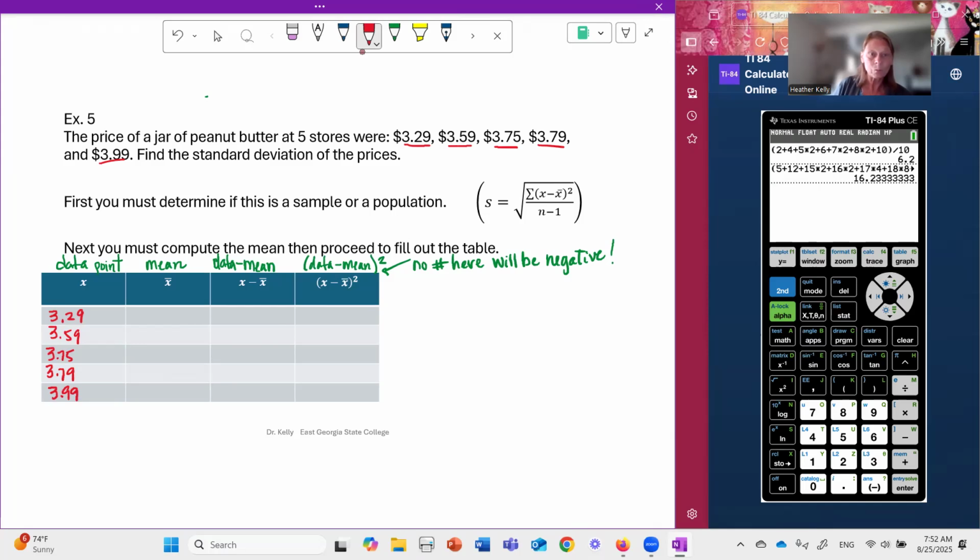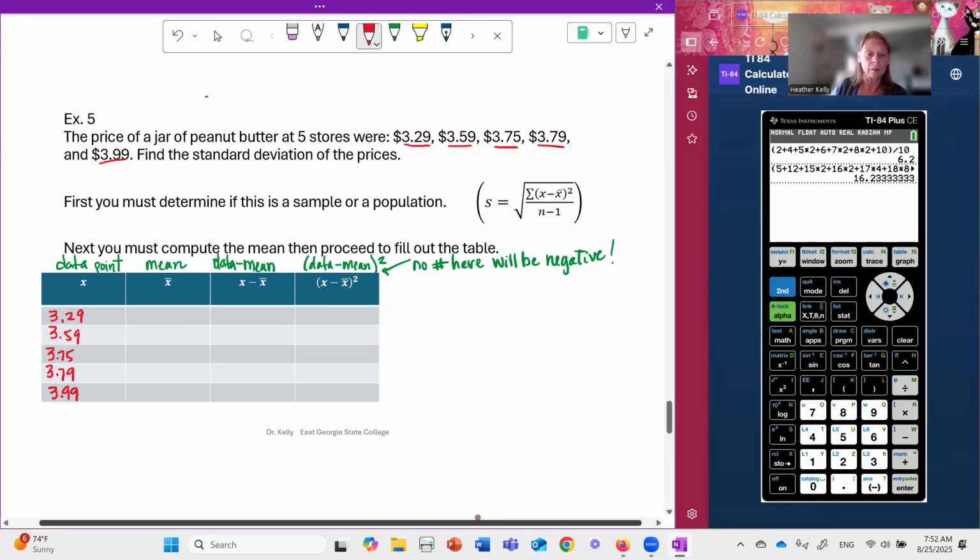And so we need to find our mean. So x bar is equal to, and I've already done that work, but I know you know how to do that work, and the mean when you do the math is 3.682.